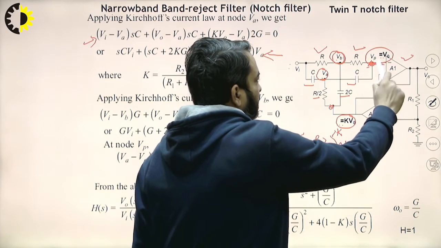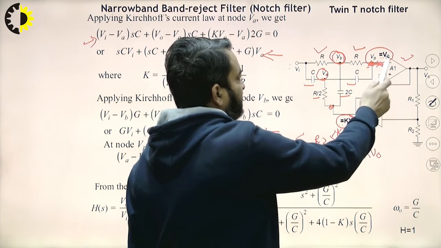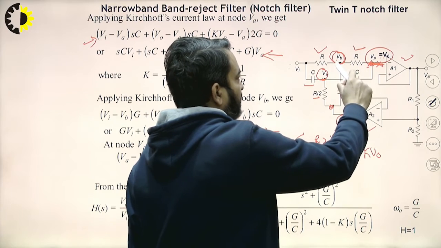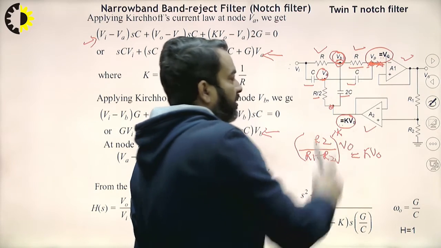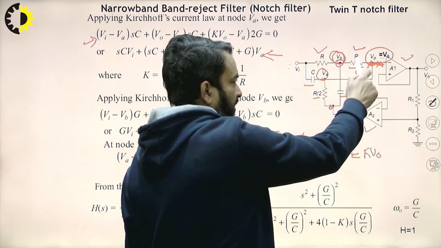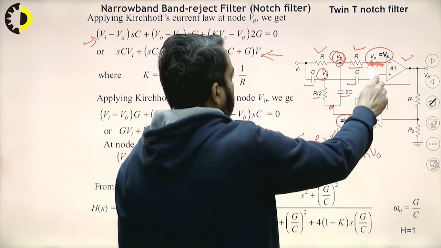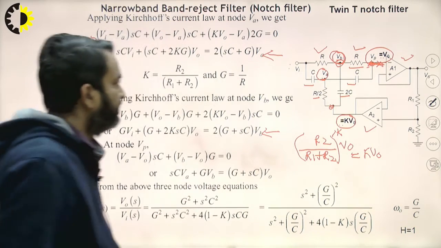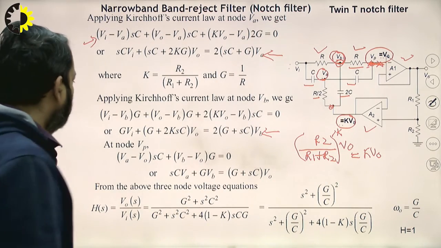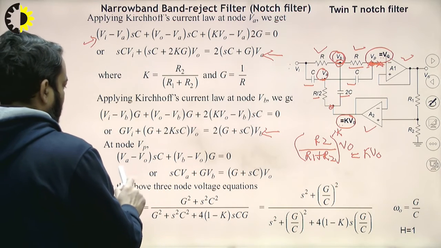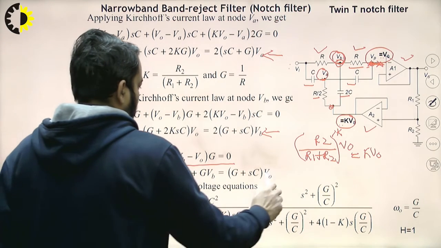No current is sourcing or sinking at this point. So node Vp is connected through this resistance R to Vb and this node Va. So here we have this equation.